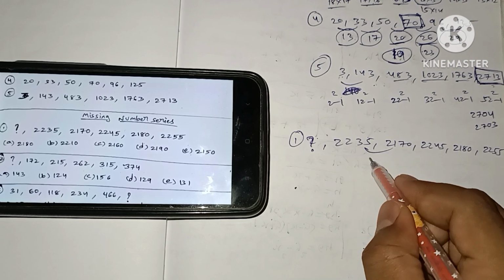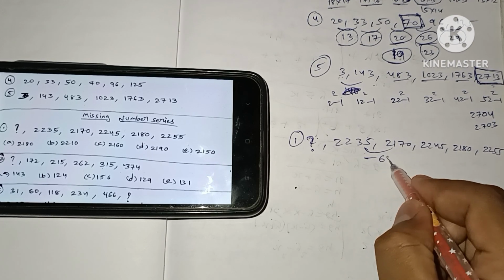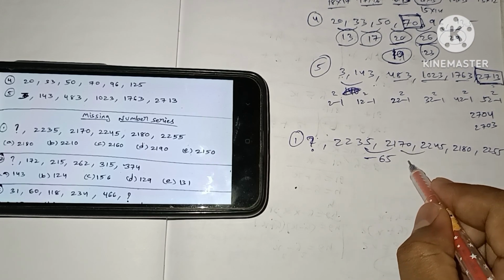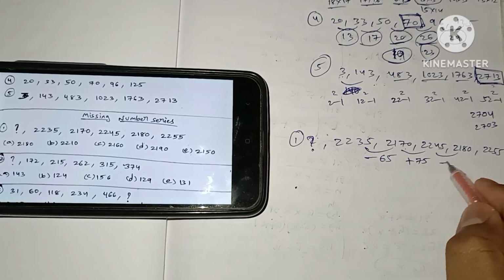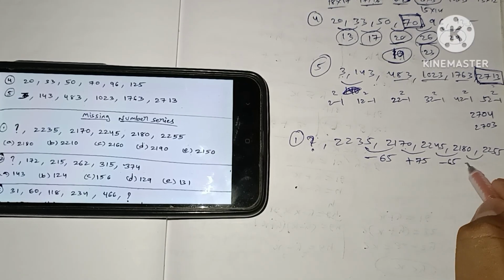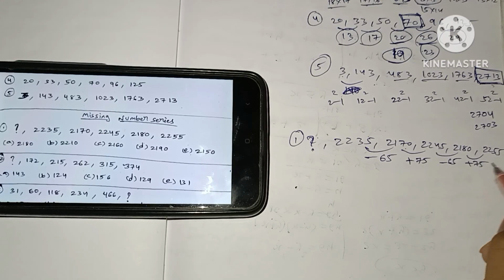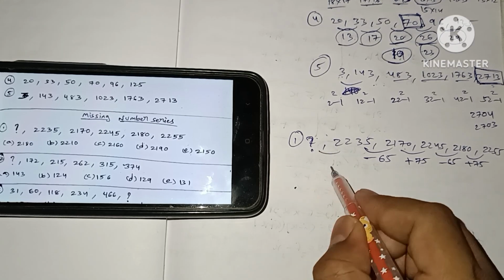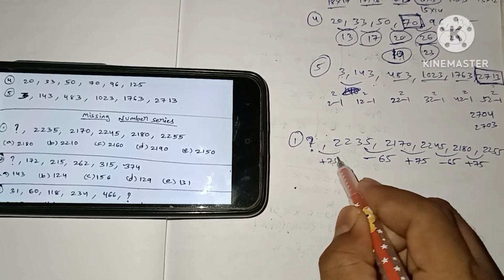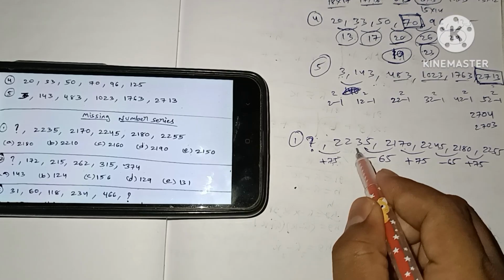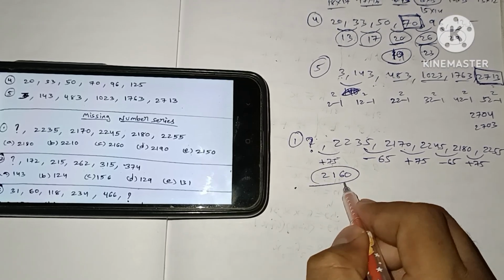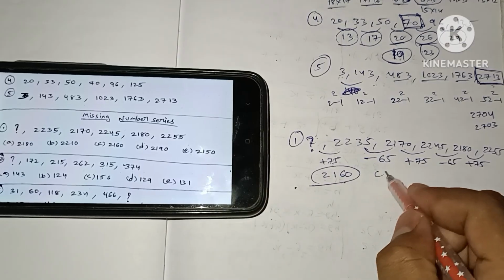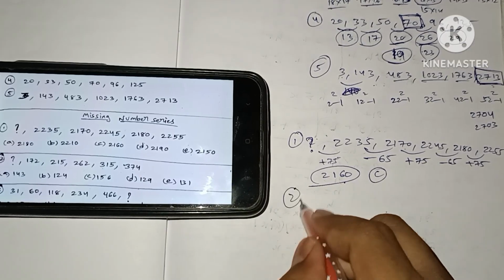Here minus 65, plus 75. Here it must be plus 75, so minus 75 to this one will be 2160. So 2160 is our answer. Option C is our answer. Second question.